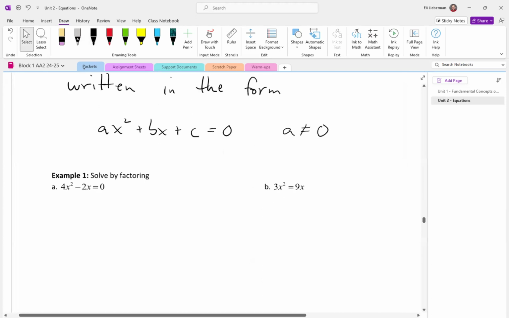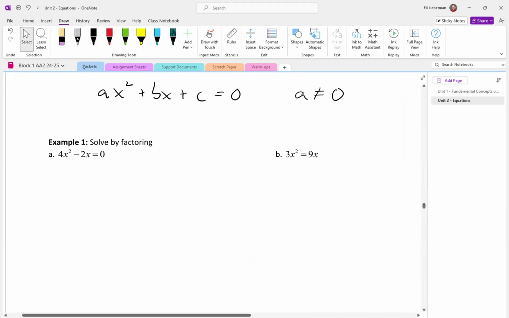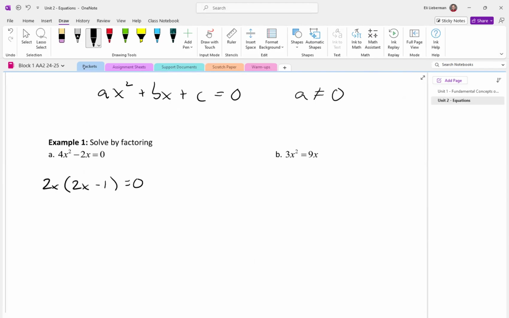Well, let's see. Let's solve some quadratic equations. It says to solve by factoring. Are we okay factoring that first one? Factor out the 2x. Leaves us with 2x minus 1 equals 0. And I think we've talked about a property we could use here. Do you remember what it's called? The zero product property. Have you heard this? Otherwise known as ZPP.